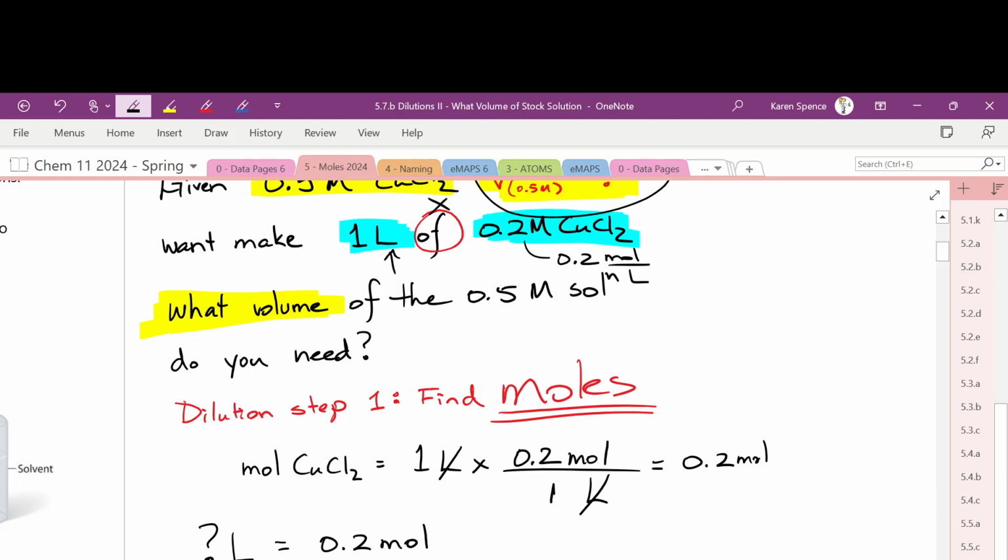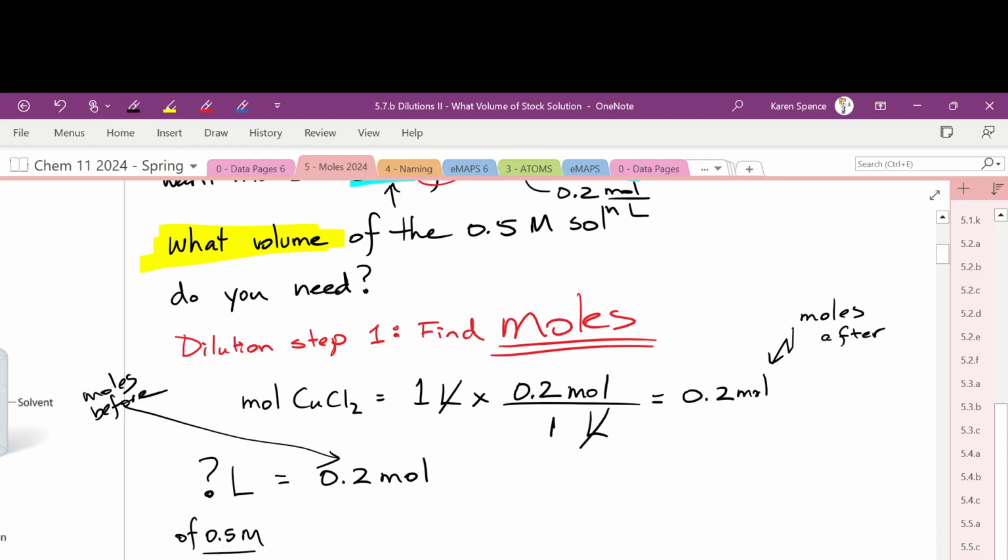My moles after equal moles before. What volume of 0.5 molar? And remember, 0.5 molar is 0.5 moles per liter.